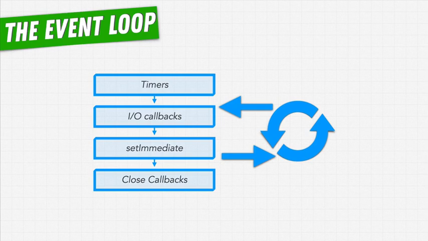The 4 phases we see here are those that really capture the behavior of the event loop and how it interacts with JavaScript. By going through all these different types of functions in the different queues, the event loop makes sure that all the functions that make up your asynchronous Node programs eventually execute.